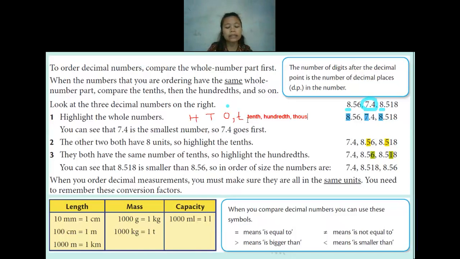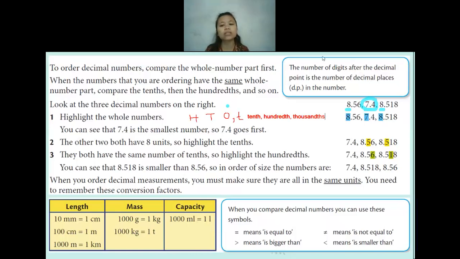So now we can check the tenth place. The tenth place between 8.56 and 8.518 is the same, number 5. After that, we can check the hundredth place. The hundredth in 8.56 is number 6, while in 8.518 it is number 1.